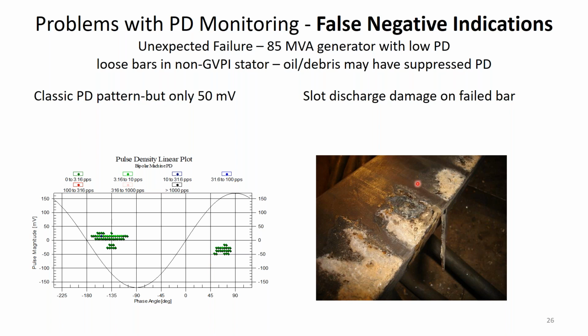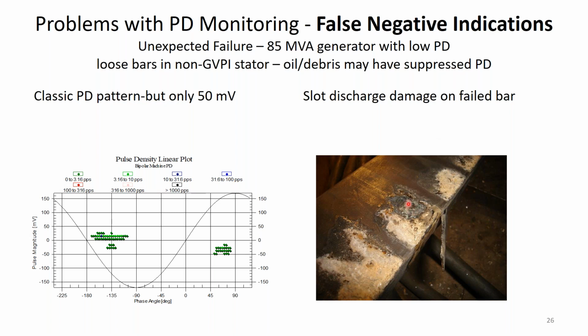Why I think we did not detect this PD, and this is a theory, is that it was very severely deteriorated. This is actually where it failed, but I got on a plane and flew to India as fast as I could to understand what was going on here, and I saw all the other coils. They were all severely abraded.